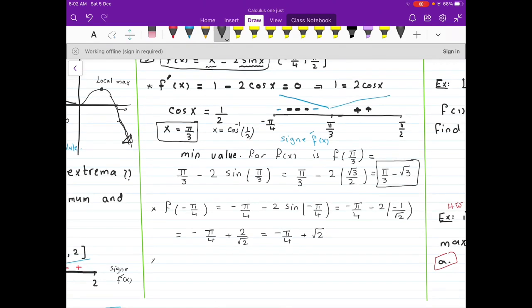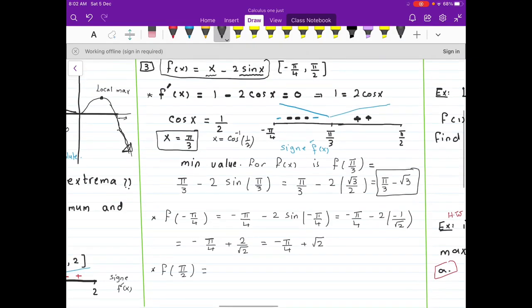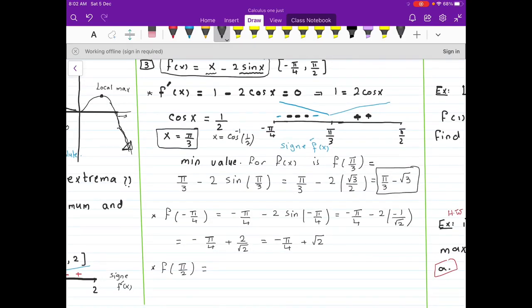Now find f(π/2). f(π/2) equals π/2 minus 2 sin(π/2), which equals 1. Question: what is the maximum value?